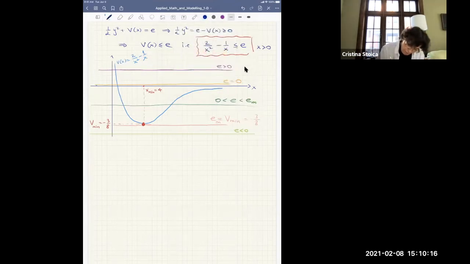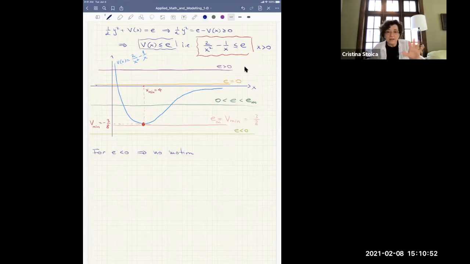So for E negative, obviously there is no motion. I repeat, the main condition is that I have to have the blue under the horizontal line in order to talk about any motion. So whatever values of x are allowed, the values of x that allow the potential to be under the level of energy, those are the regions of motion for that particular level of energy.